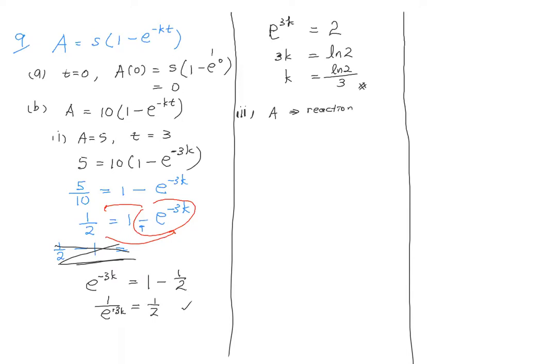When I say speed of the reaction, it is exactly like displacement. How does displacement change to velocity?